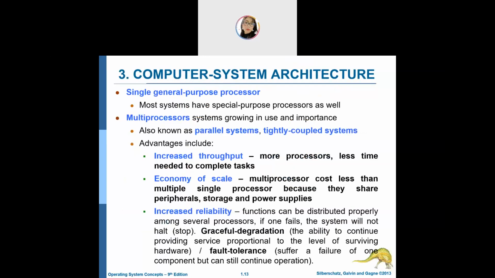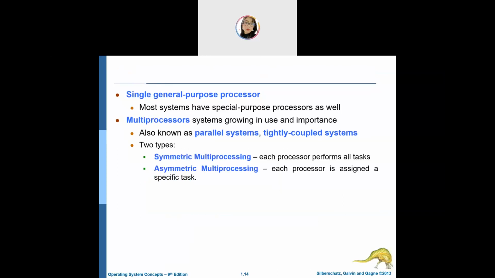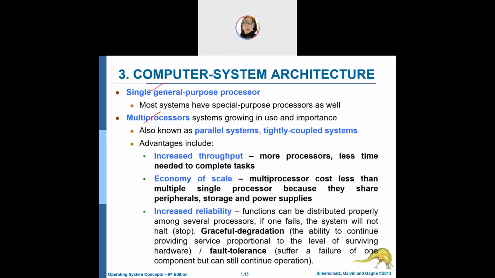Next, you have computer system architecture, which you should already have mastered. First, you have single-processor and multiprocessor systems. What is the difference?